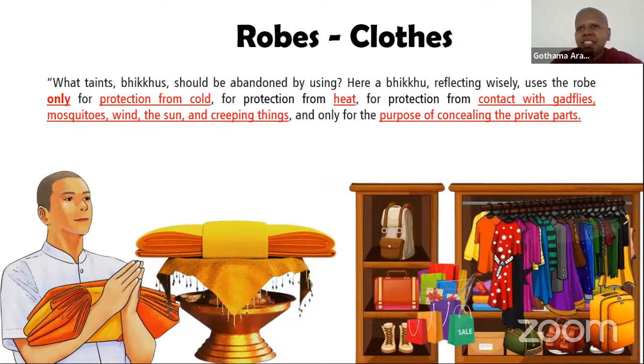Do you have those clothes that you used to wear when you were small? Some people collect those clothes also. When you were 2 years old, you keep it as a memory. If you give that cloth to someone else, a child, they will use it. So we use clothes only for that purpose.